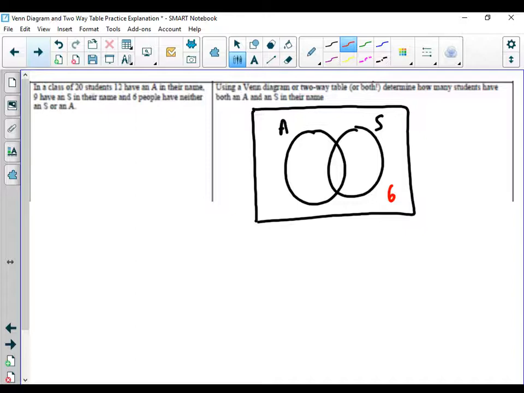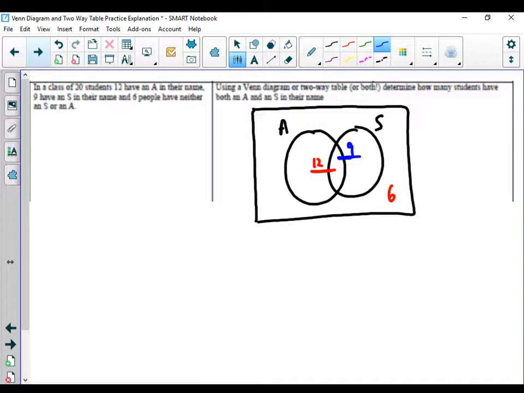They say that 12 have A in their name. They say 9 have S in their name. So I know that these two things together give me 12, and these two things together give me 9. Here's the tricky part of this one: they didn't tell me how many had both.